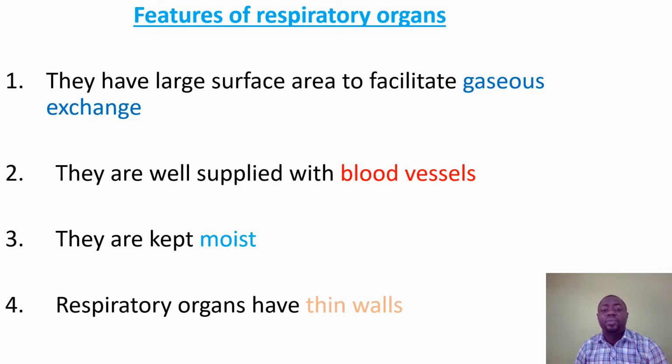Features of the respiratory organs. How do the respiratory organs look? The first one is that they have a large surface area to facilitate gaseous exchange. If you have a small piece of cloth and you are trying to use it to filter water, only a small amount of water can pass through because the cloth is small.